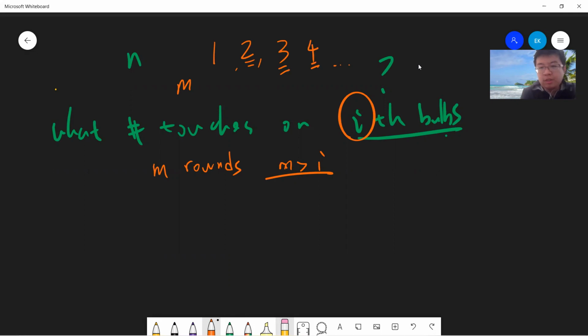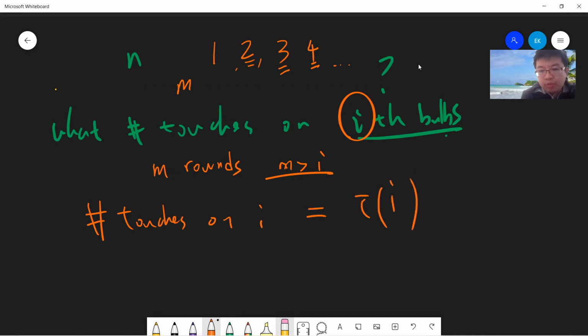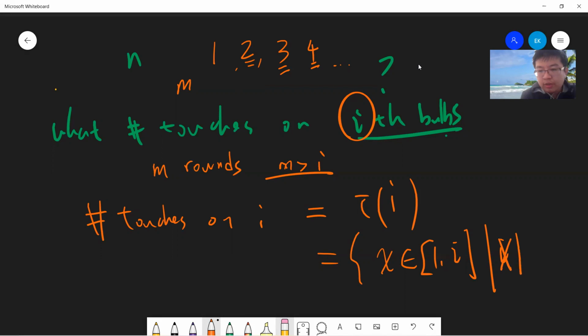Okay, so you can easily say that the number of touches on i is the same as what mathematicians call tau of i, which is the number of x, let's say from 1 to i, such that x divides i, or i mod x is 0.